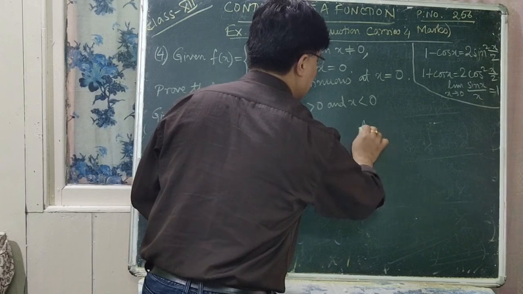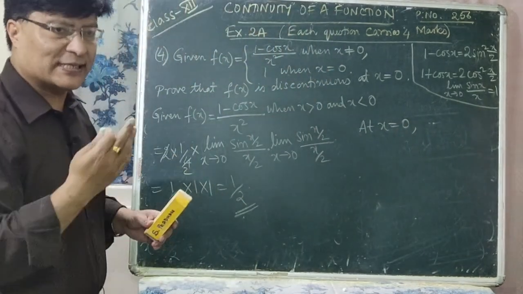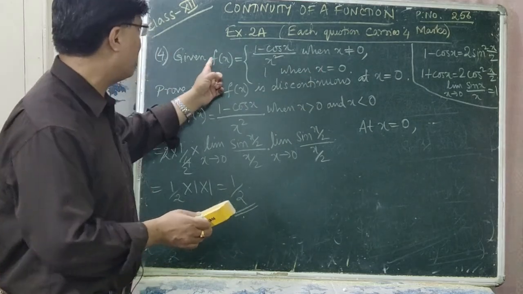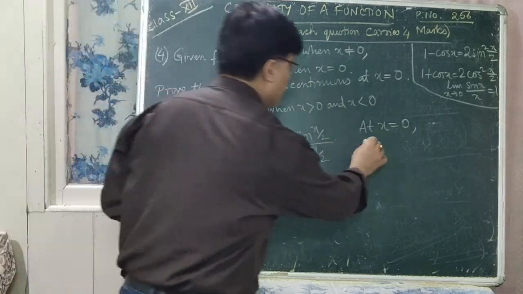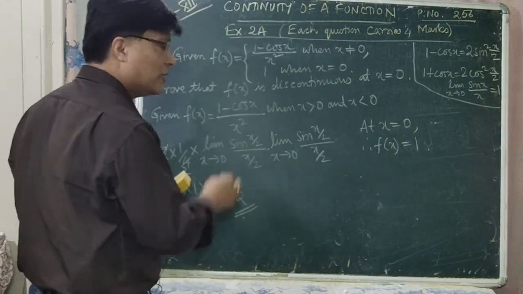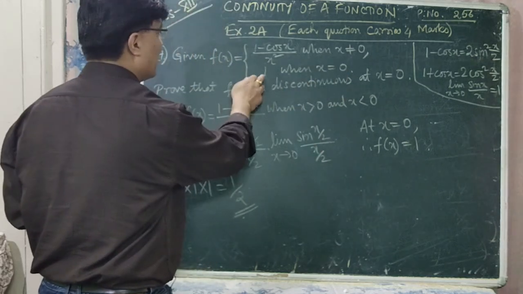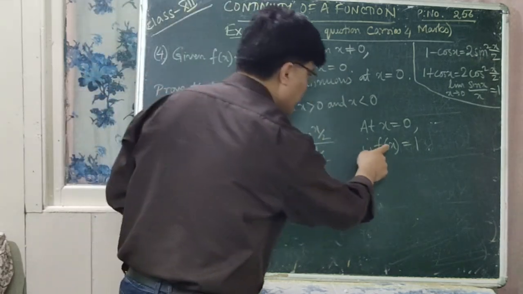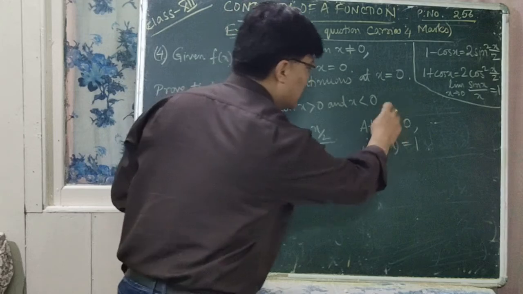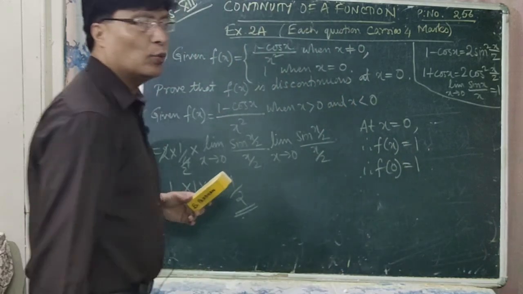At x exactly equal to 0, what is the value for f of x? It is 1. Therefore, you should write here f of x is equal to 1. In the question, it is given that when x is equal to 0, f of x is equal to 1. So, what is the value for x out here? It is 0. That is f of 0 is equal to 1.